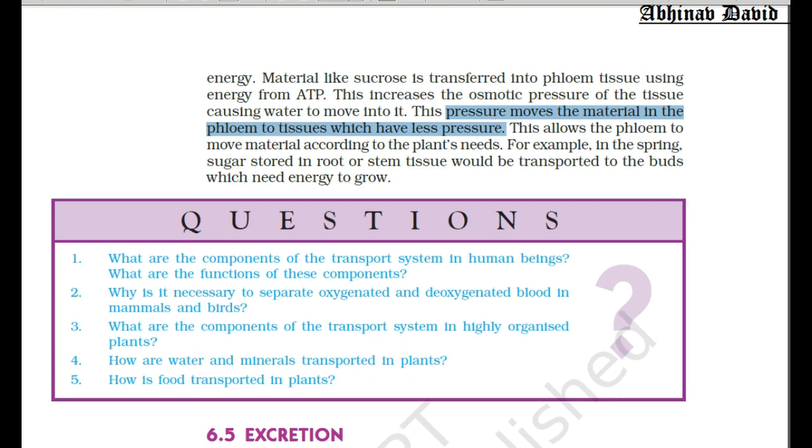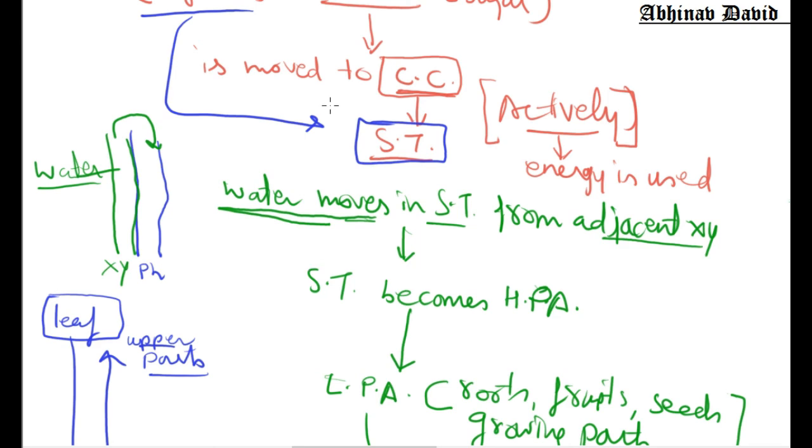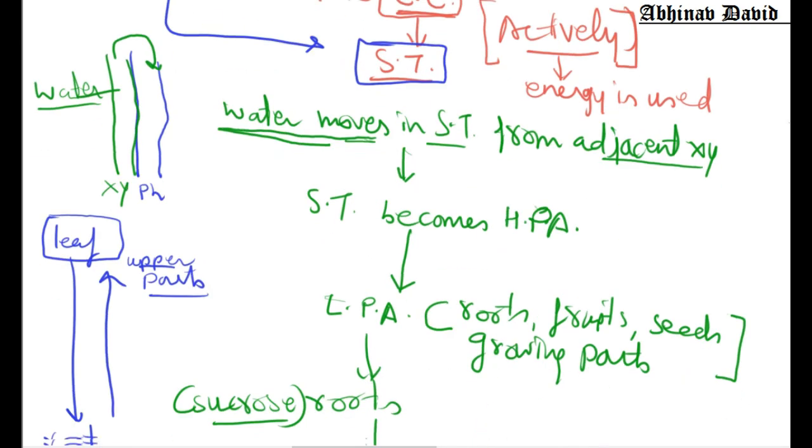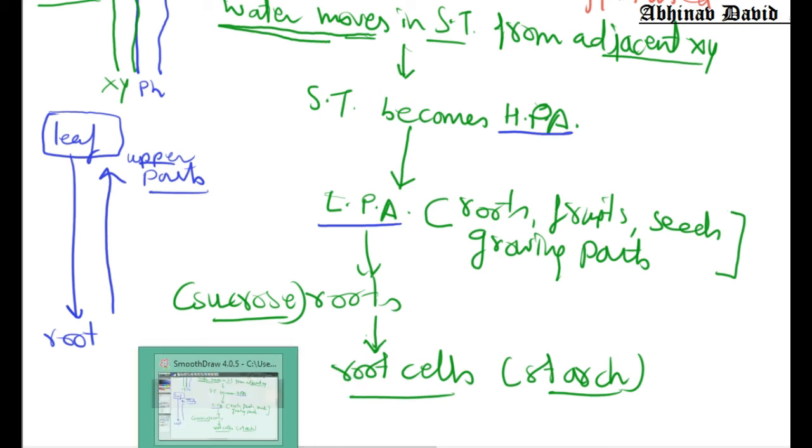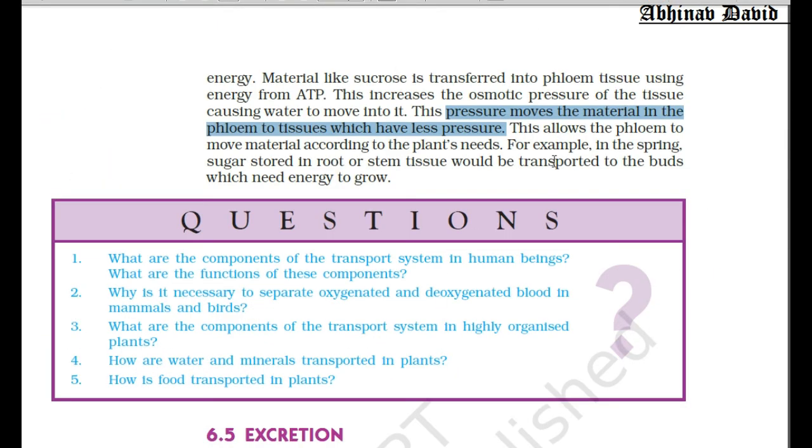This pressure moves the material in the phloem tissues which have less pressure. I have already told you that the food moves from high pressure area to the low pressure areas. Now this allows the phloem to move material according to the plant need. What does this mean?